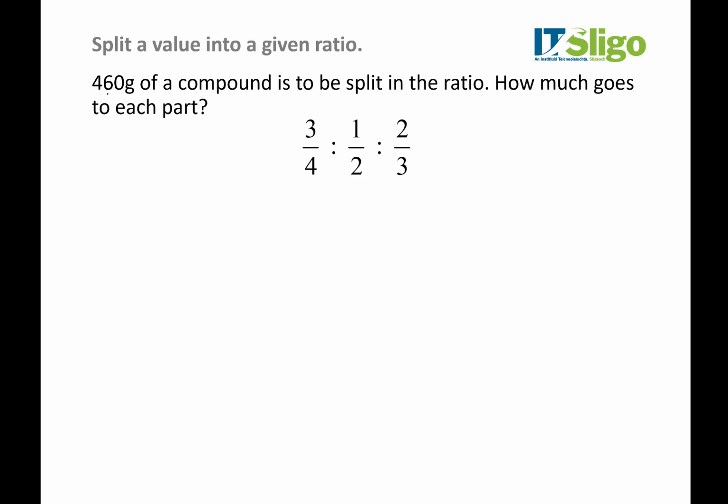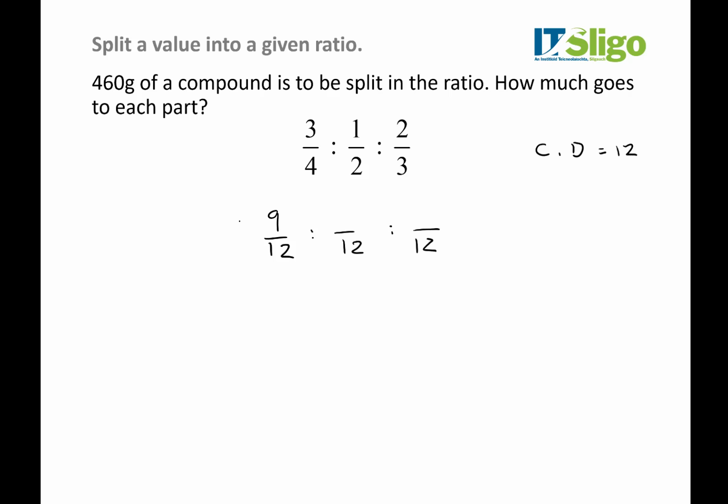The first thing we need to do, guys, is express our ratio, not in fractions, but in whole numbers. So I need to actually get a common denominator, which I hope you'll agree is 12. Now the left-hand fraction, I multiply top and bottom by 3 to get 12 on the bottom.